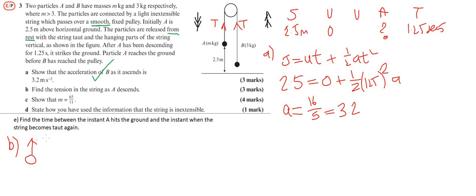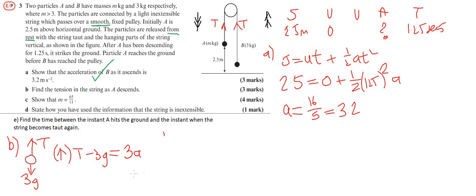I've got tension there, and I've got the mass times gravity going down. I pick my tension as being my positive direction. Remember, always pick the direction first. So I'm going to resolve in that direction. My T is positive, my minus 3g is negative, and that's equal to my mass, which is 3, times acceleration.